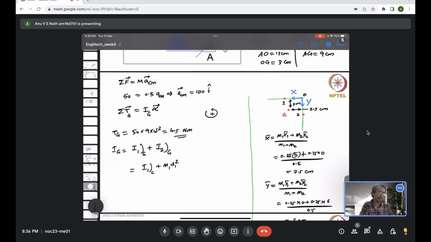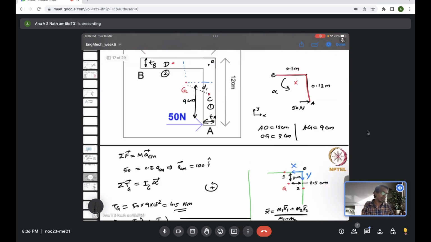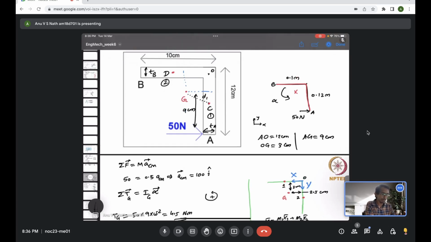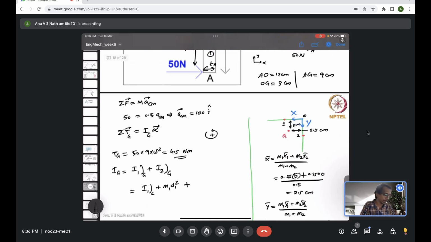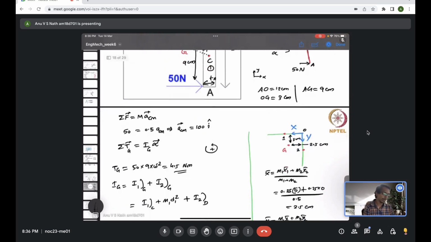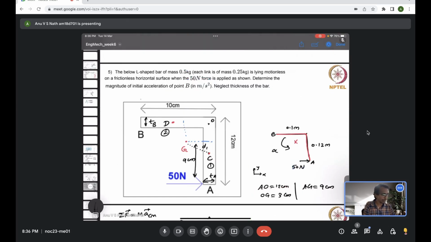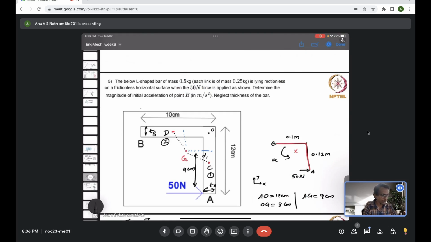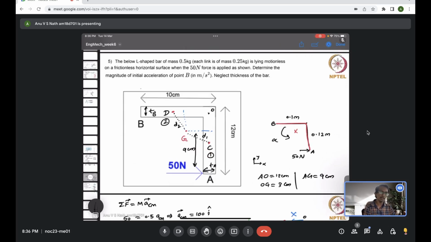This is I1 with respect to G. Plus now I2 with respect to G, that is the moment of inertia of the second body about G. Again by the parallel axis theorem, you can do it by I2 about its own center of mass, which is basically D, plus the mass of the second body times d2 square, which is the distance from the center of mass of the second body to the center of mass of the system. So that is just d2.